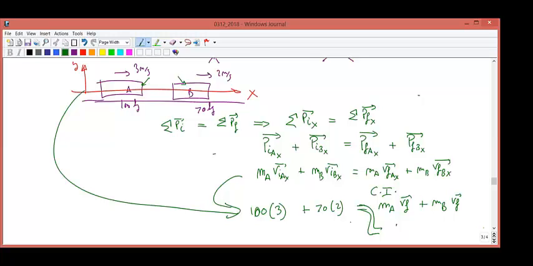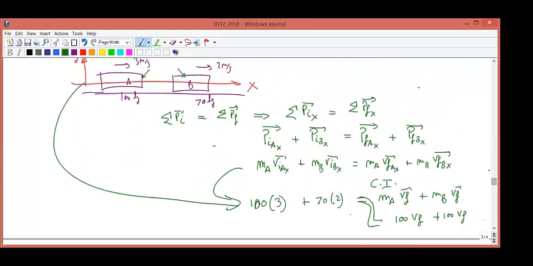We have 100 times V final plus 70 times V final. Same V final. In this particular case, it is obvious that the final velocity of both systems is also going towards the right, just by physical constraint. Therefore, I chose a positive sign.